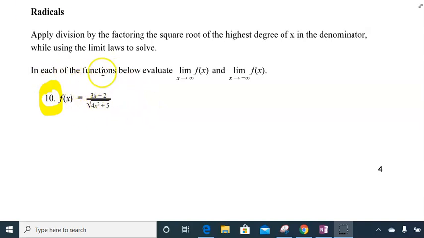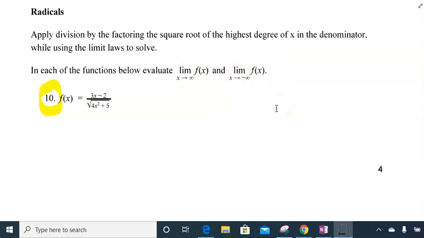But for this case, let us factor out the square root of the highest degree in the denominator. So we are going to evaluate both the limit of the function as x approaches positive infinity and as x approaches negative infinity.